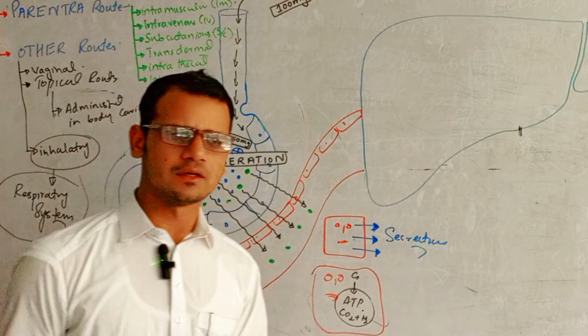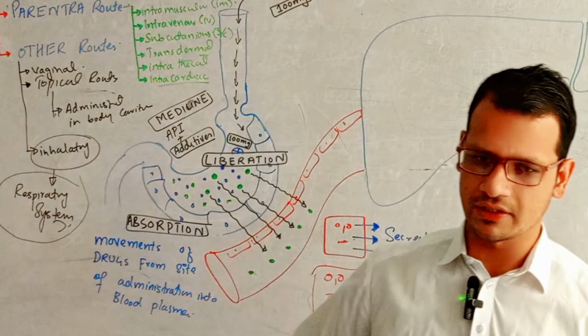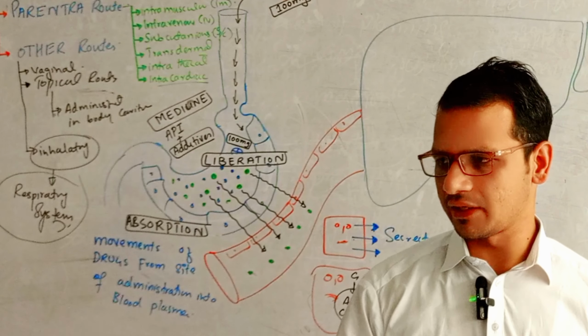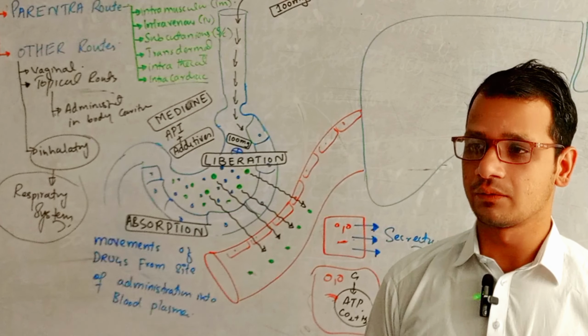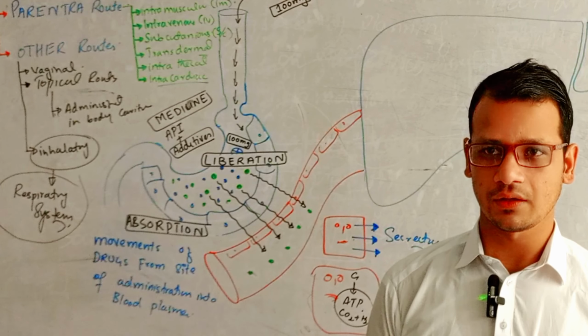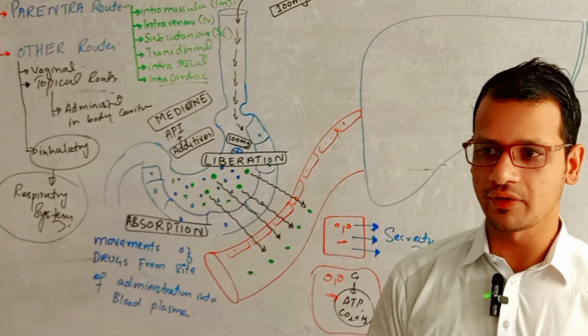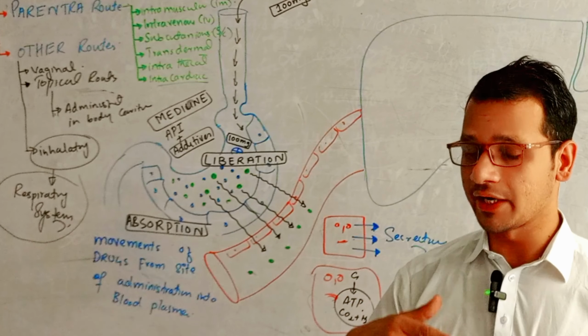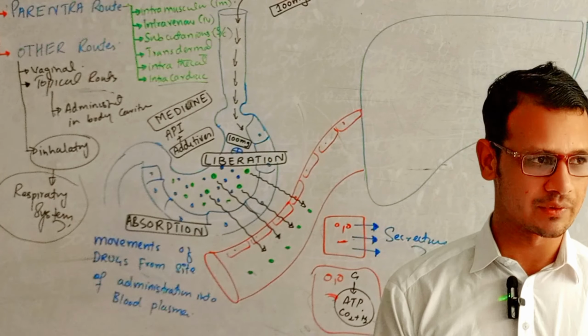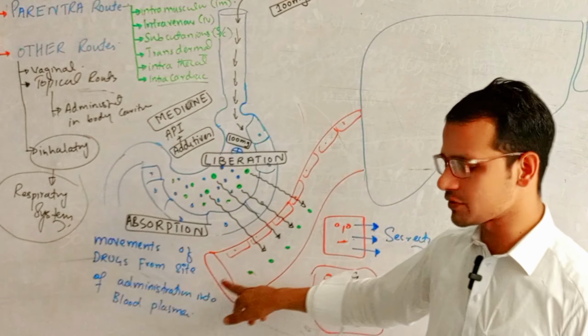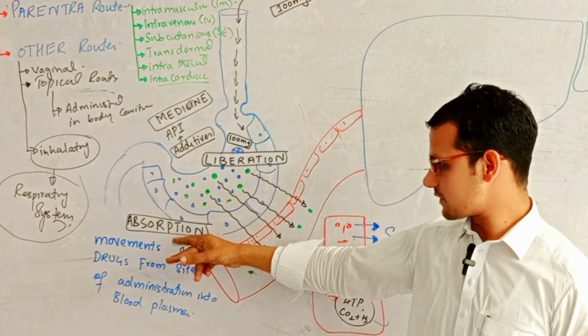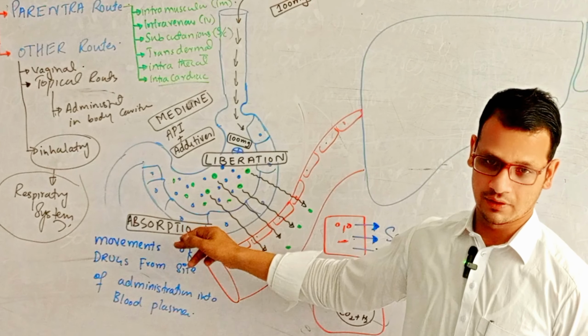But here are very important factors which can affect this absorption. For example, if a drug has high molecular weight, or high charges, or is hydrophilic, water soluble, it will affect the absorption of the drug. We will discuss this in detail in the absorption chapter, right?